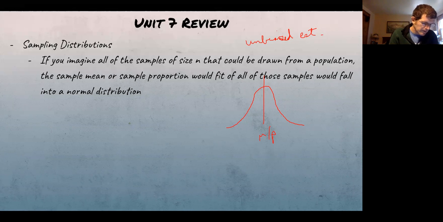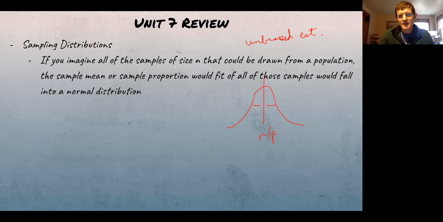Now the spread of this distribution will change based on some factors, and that's going to be part of what we talk about with this. But that was the main idea. In fact, moving forward, when we get to hypothesis testing, everything that we're doing is comparing the sample result we got to a sampling distribution from a population.